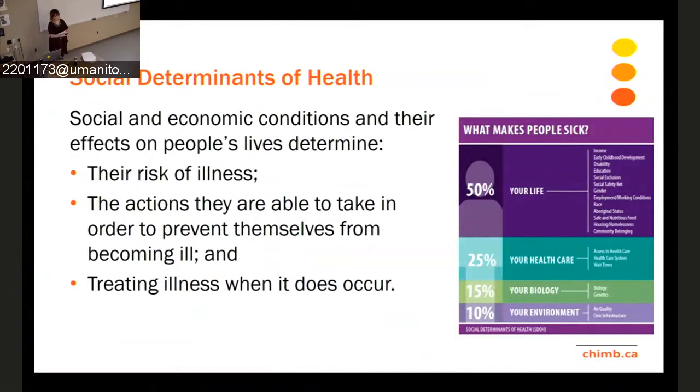And the biggest piece of the puzzle is that we have robust evidence of the existence of a social gradient in health. And this means social and economic conditions and their effect on people's lives determine their risk of illness, the actions they're able to take in order to prevent themselves from becoming ill, and then treating illness when it does occur.